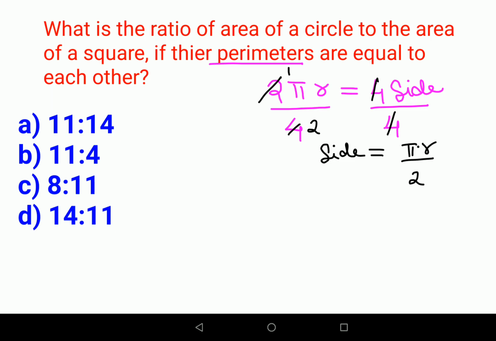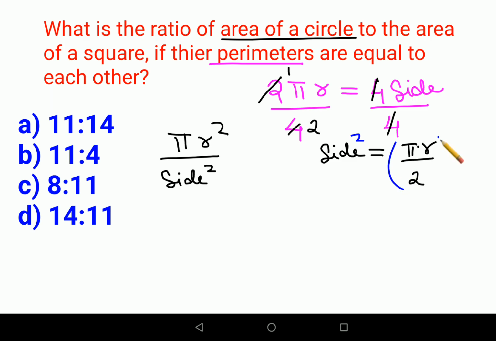Now you want to find out the ratio of area of a circle to the area of the square. That is pi r square upon side square. Now you already know the value of side is pi r upon 2. So in order to find the value of side square, let's do it over here. We'll square pi r upon 2.